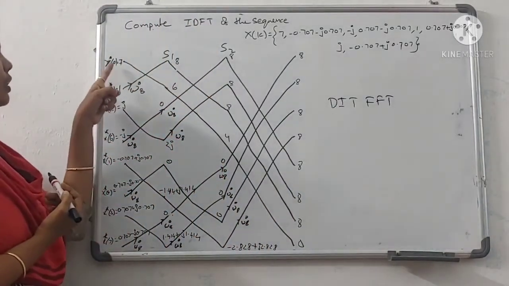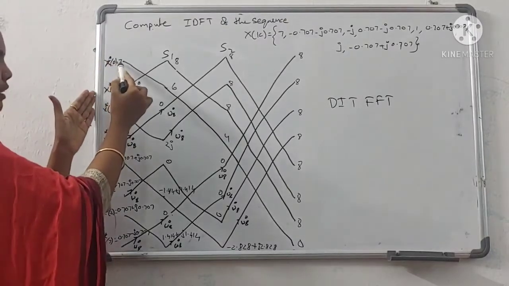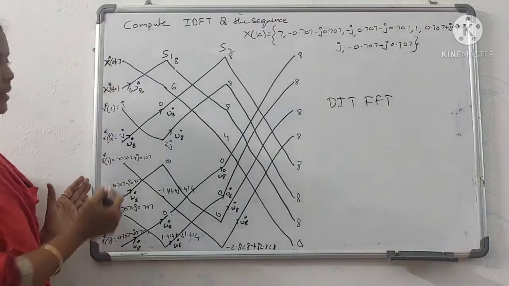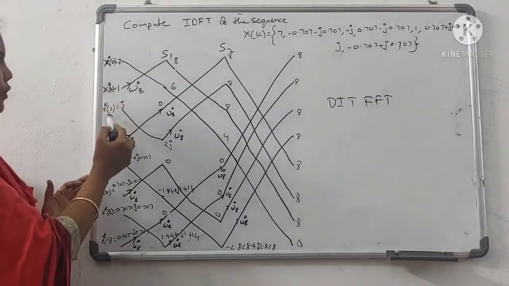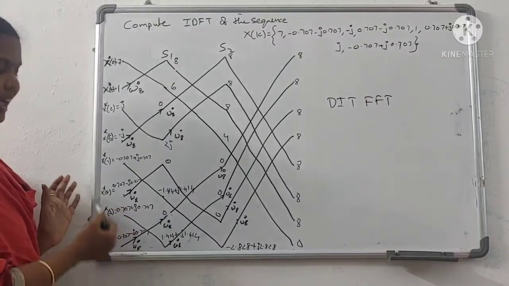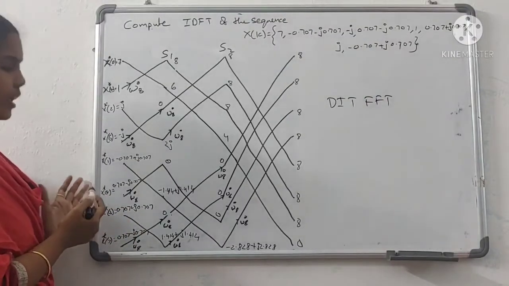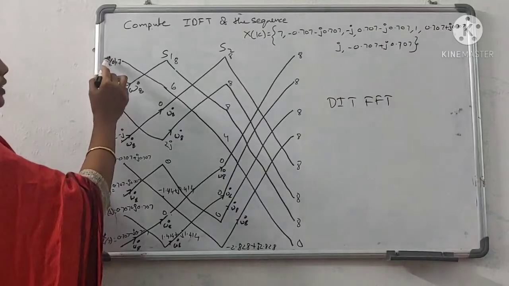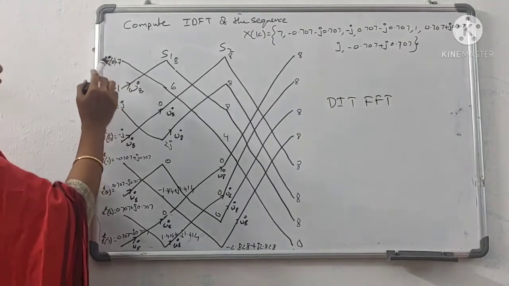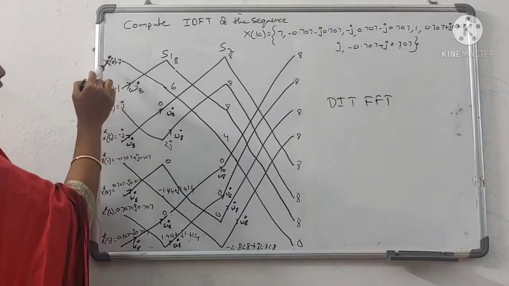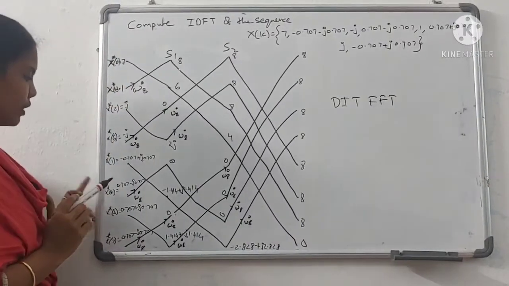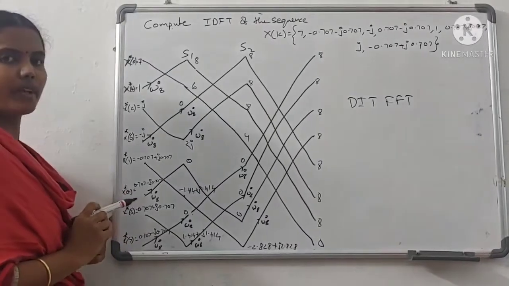So the first series is bit reversal order, that is x(0), x(4), x(2), x(6), x(1), x(5), x(3) and x(7). Okay. So there is a conjugate, x conjugate of 0. For inverse you have to put conjugate: x conjugate of 0, x conjugate of 4, x conjugate of 2 up to x conjugate of 7.